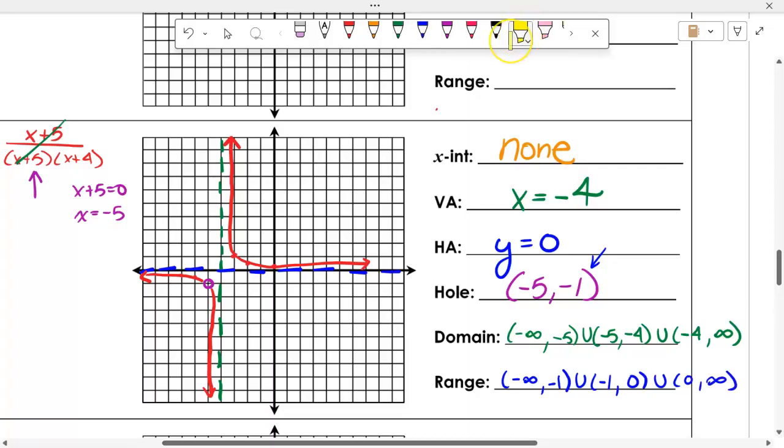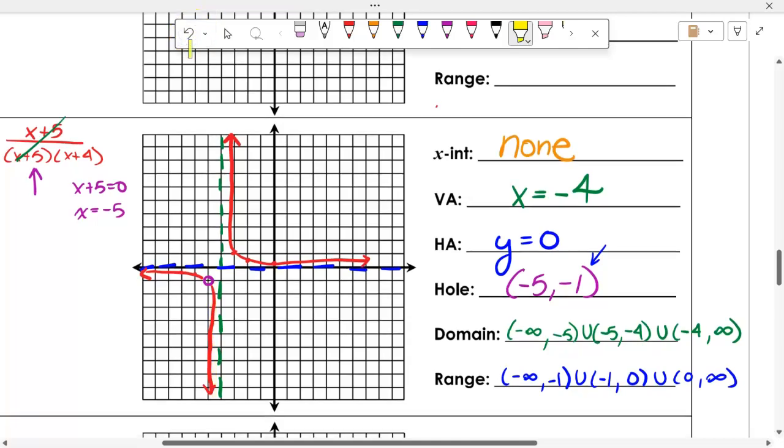So again, I'm going to trace this along here, and I'm going all the way up, and we're talking about y values. And the y value here is -1. So it's not the x value. This is why the domain and range are not going to be the same, because it's based off of the location of the hole and the location of the vertical or horizontal asymptote. But that gets me my domain, that gets me my range, and I'm good to go at that point.